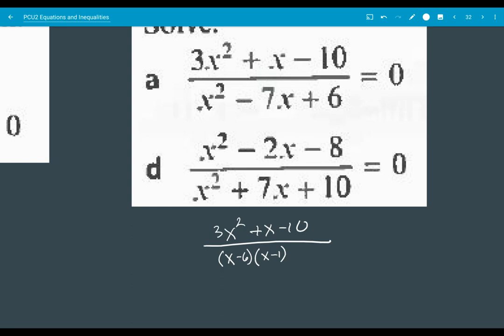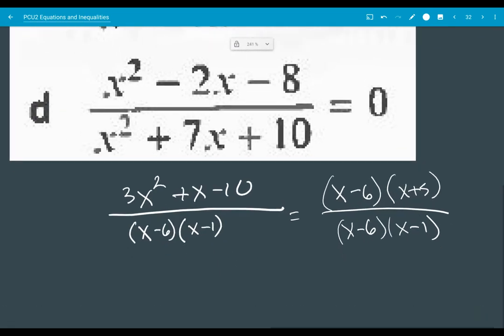Okay. And then I'm going to factor the numerator. So this ends up being x minus 6, x plus 5, x minus 6, x minus 1. So when we're dealing with rational equations or variables in the denominator, we're going to run across situations where the variable can't be a certain number.